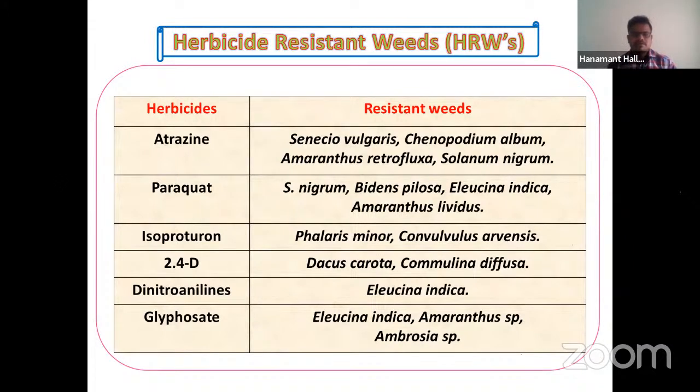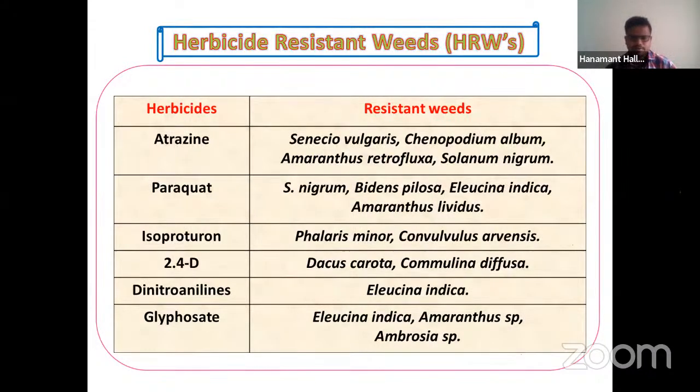Then paraquat herbicide also got resistance in different weeds such as Solanum nigrum, Bidens pilosa, Eleusine indica, Amaranthus lividus. Then isoproturon, in Indian context, the well-known example is Phalaris minor. Those weeds get resistance against isoproturon.